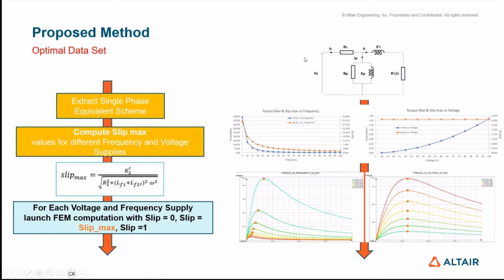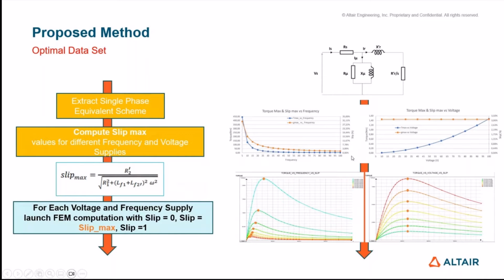Then we use this initial test, and we want to reduce the number of slip values, the number of voltage values, and the number of frequency values we want to use. If we plot the torque max, the value of the maximum torque, and the corresponding slip versus frequency, we can see that it is very dependent on the frequency, for a given voltage, of course.